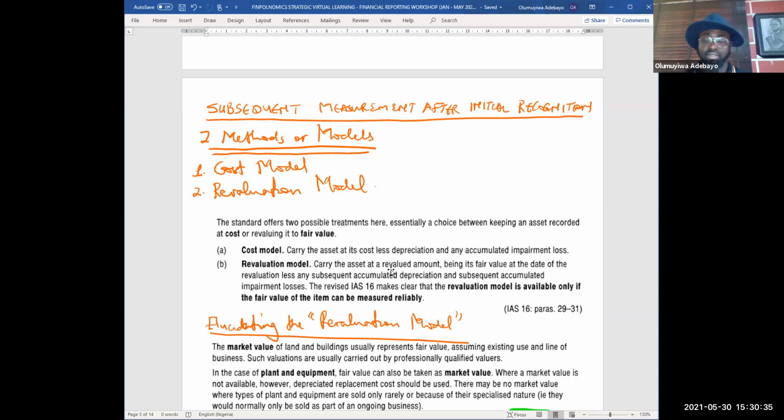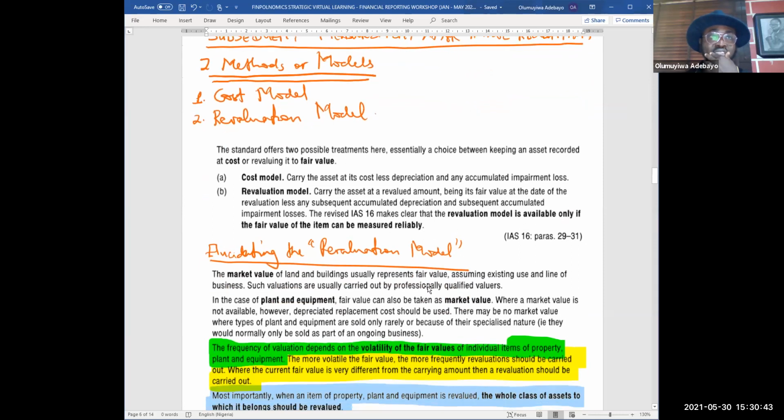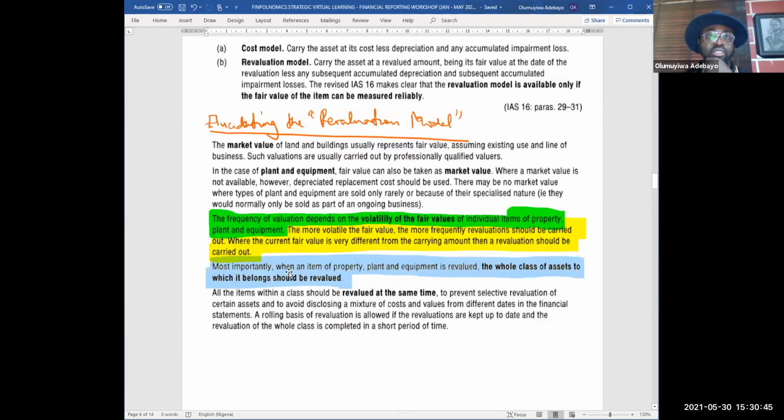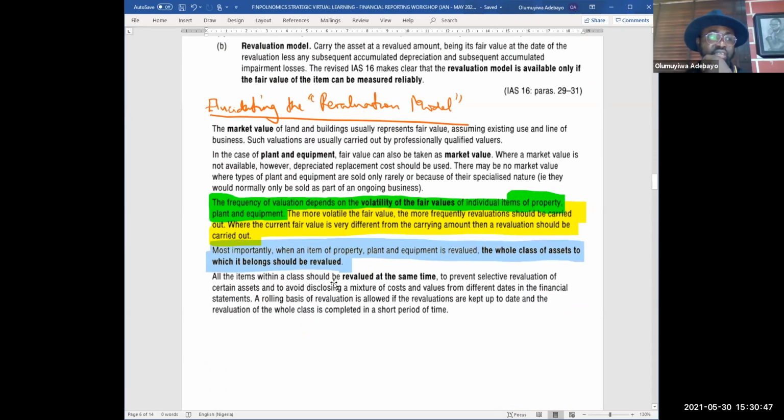Another thing we also discussed, on the valuation model, is the frequency and other features.